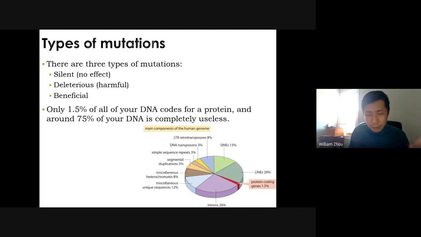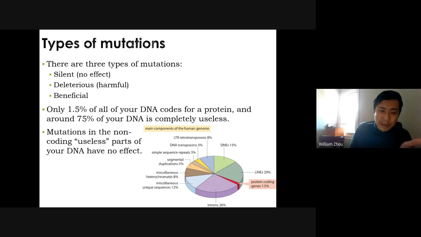All they do is make copies of themselves and stick themselves somewhere else in your gene. And that can be bad because it's wasting your resources. And if you stick yourself in the middle of an important gene, you kill the gene, which is very, very bad.